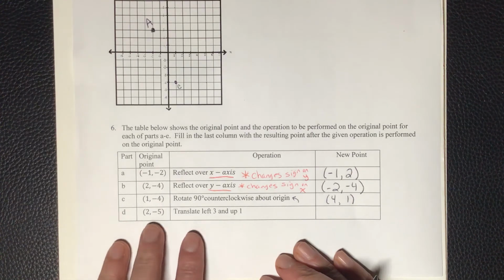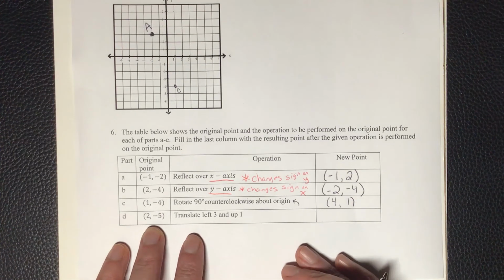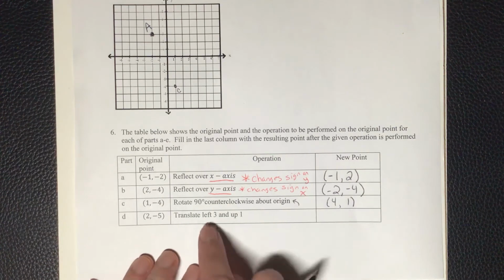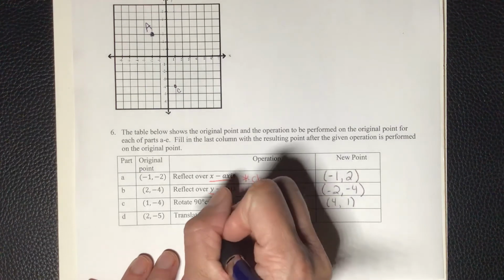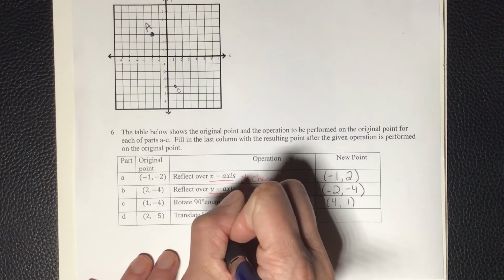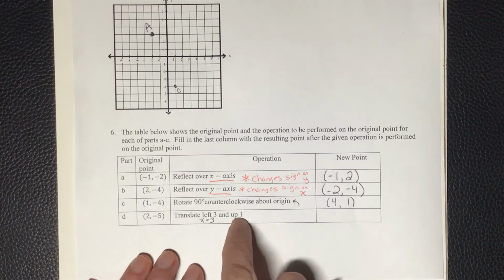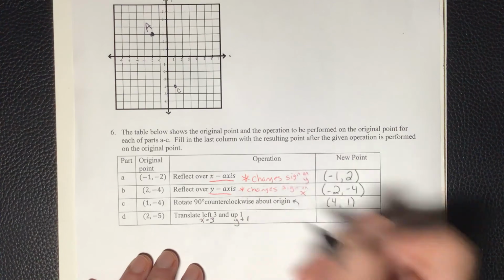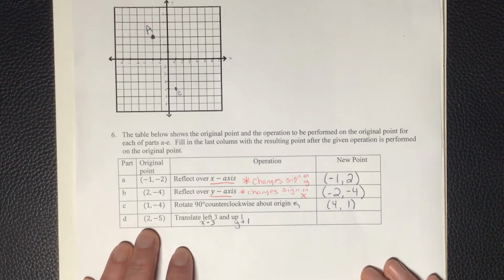All right, the last one we have is a translation. Now if we're going to go 3 to the left, that's going to affect my x coordinate because it takes me left and right. So left 3 is going to make it 3 smaller. So I'm thinking x minus 3. And then up 1 would make my y 1 bigger. So I'm thinking y plus 1. Okay, but let's try this and see if it works.